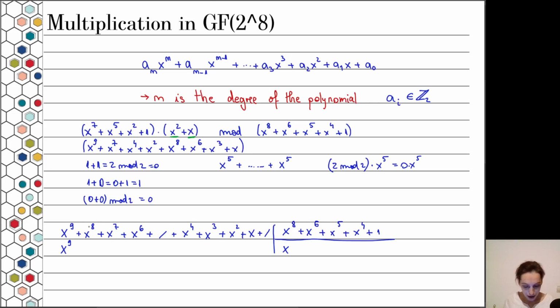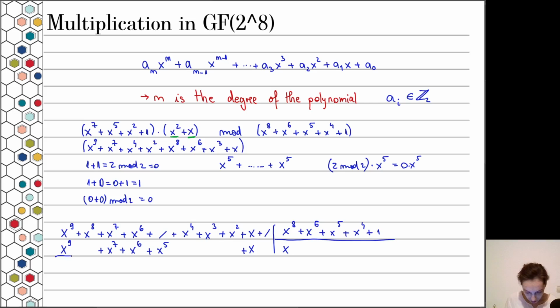We will compute 9 minus 8. That's 1. And we will have here x powered by 1. And we will multiply this polynomial by x. So we will add 1 to each power, plus x powered by 7 plus x powered by 6 plus x powered by 5 plus x.